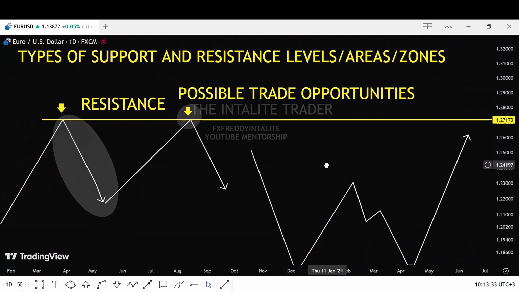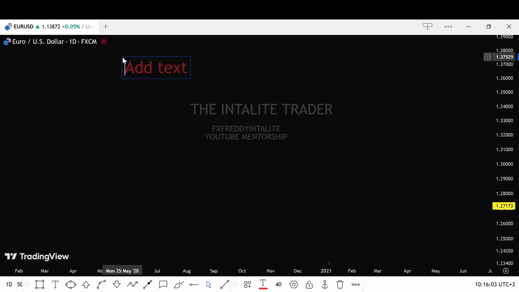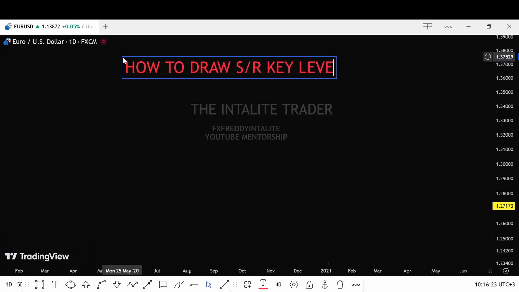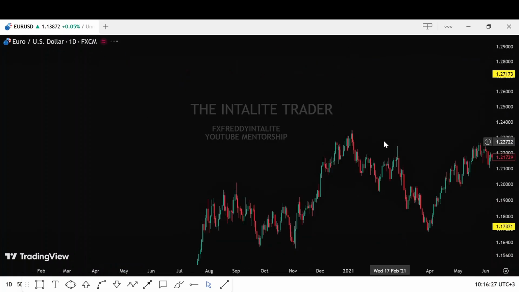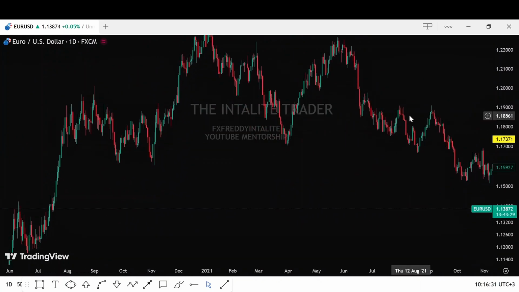So we said we shall treat these levels as key levels. How to draw support and resistance key levels. So to draw support and resistance, this is what you do.